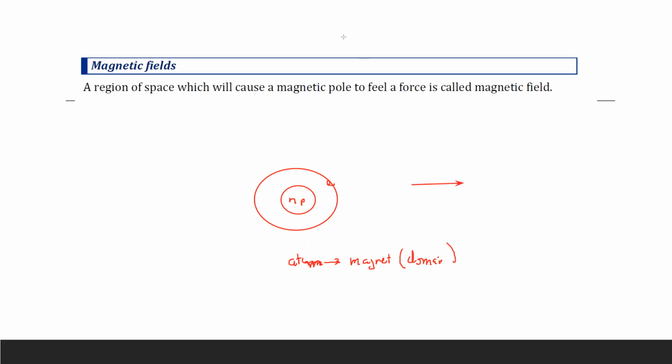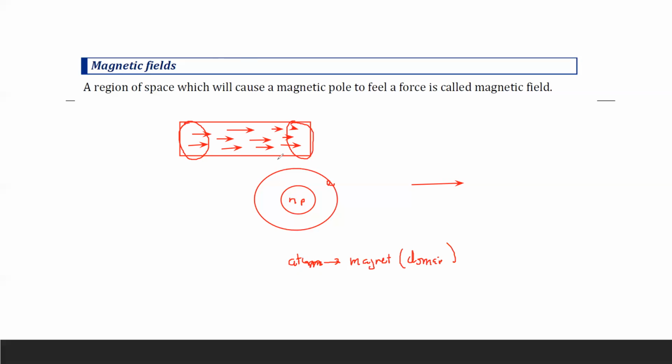Then for a magnetic material, a material which is behaving like a magnet, these domains are arranged in a regular pattern. So when domains are arranged in a regular pattern, the material will behave like a magnet, known as a magnetic material. For a magnetic material, there are two regions where the magnetic field is much stronger than any other part.